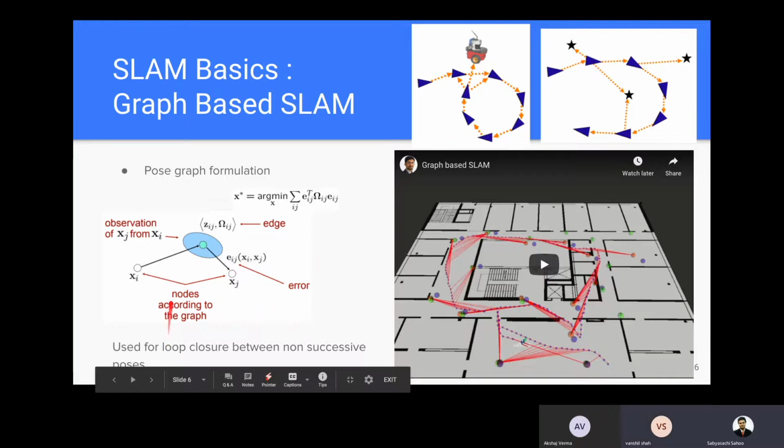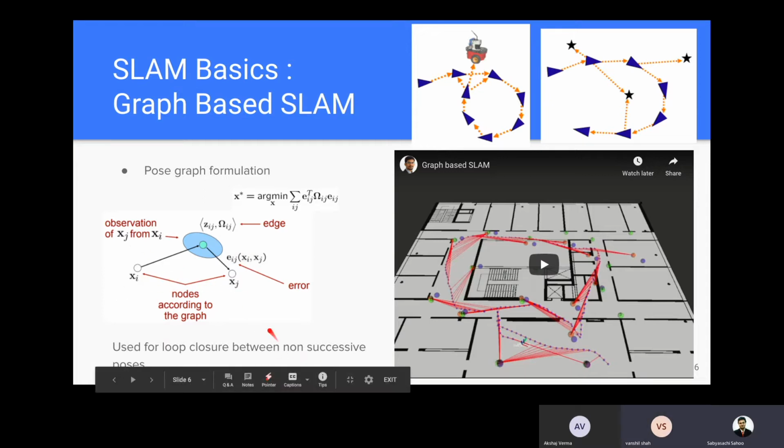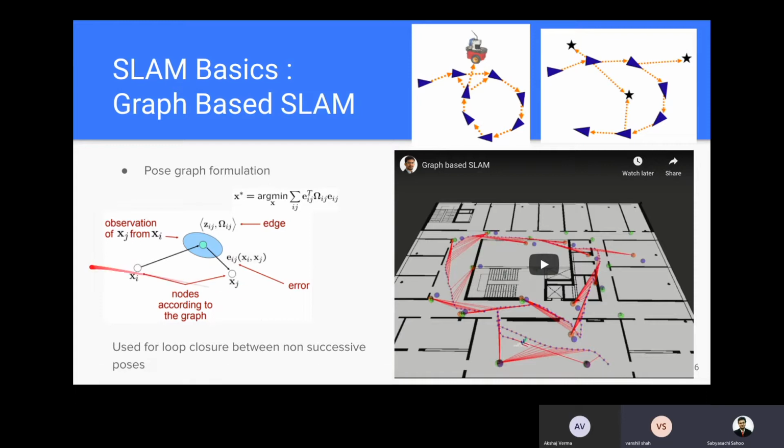So let us consider these two. In a GraphSLAM setting, let us consider these two nodes, xi and xj, and let these be two non-successive nodes. We estimated xj, or we got xj, after doing multiple successive pose estimates from xi.